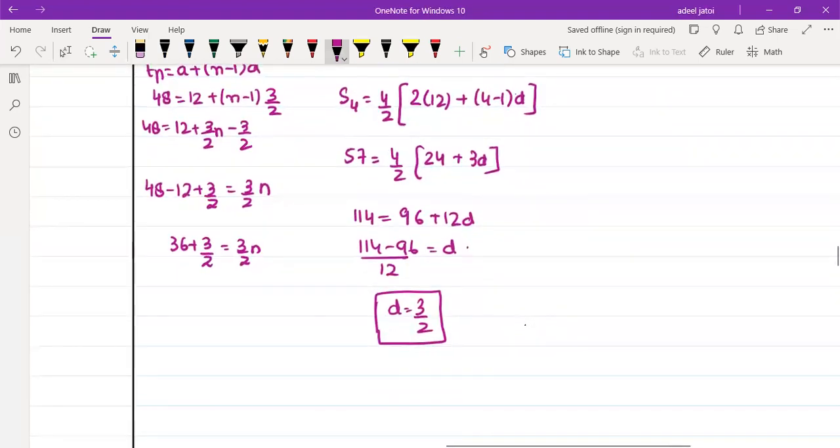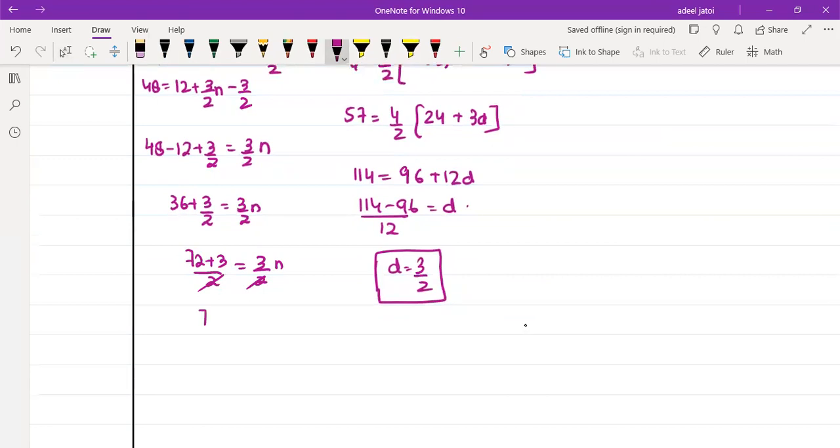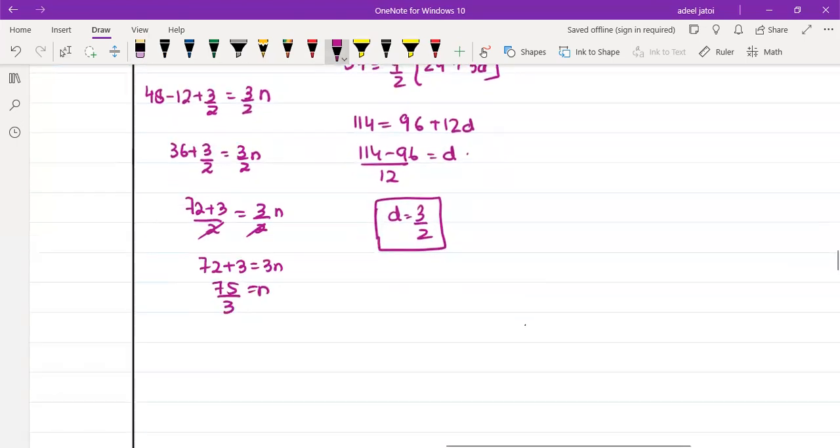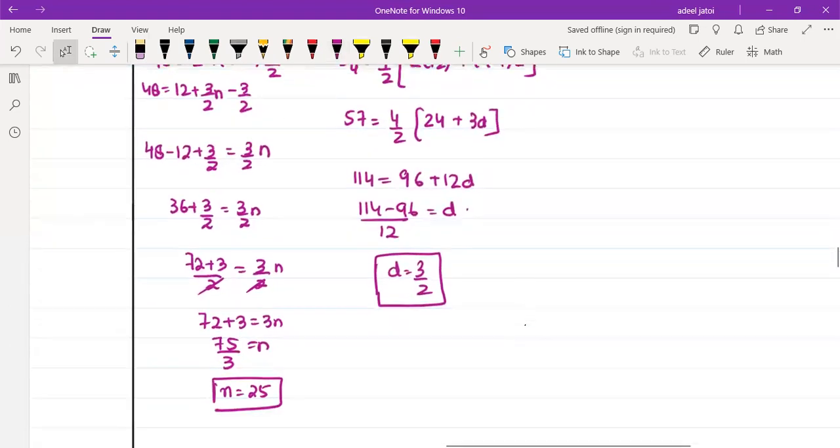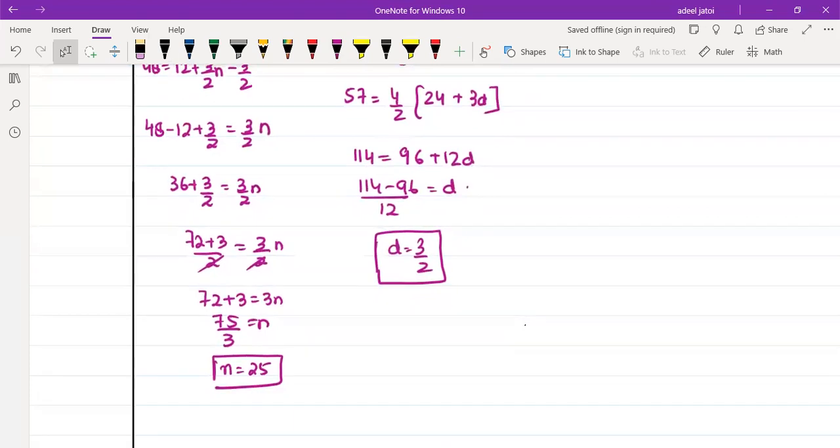Taking the LCM, the 2 is cancelled. We are left with 72 plus 3 is equal to 3n. 75 upon 3 is equal to n. n becomes 25. So the 48 is the 25th term.